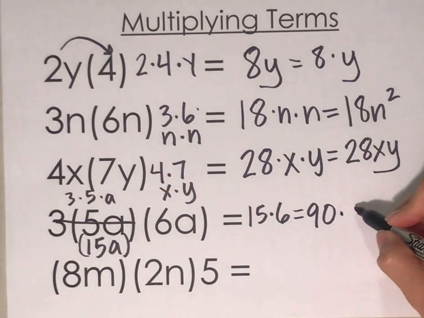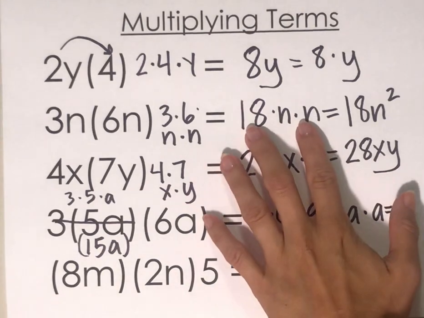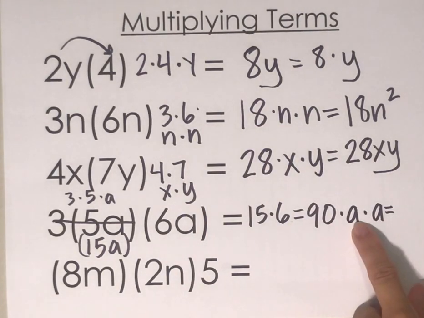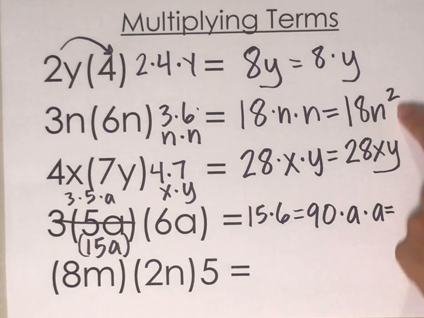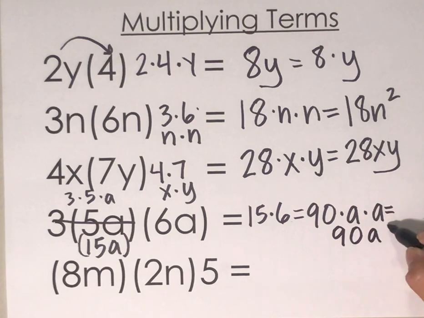So I'm going to carry those over, a times a. Now we can put it all together, because it kind of looks like this one. As you can see, it's the same thing, except here I have a-squared. Remember, that's equal to an exponent. So our final answer is 90a squared.